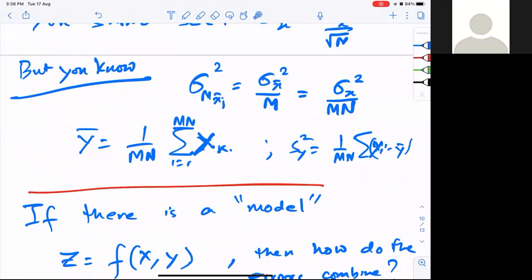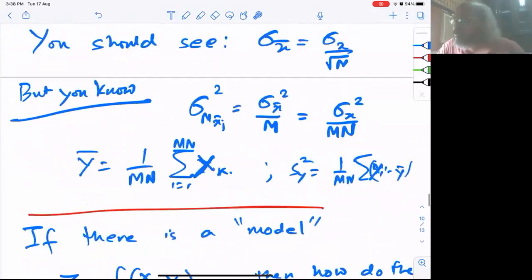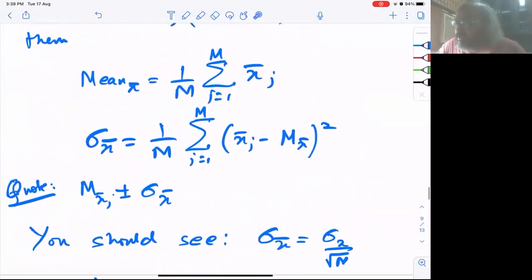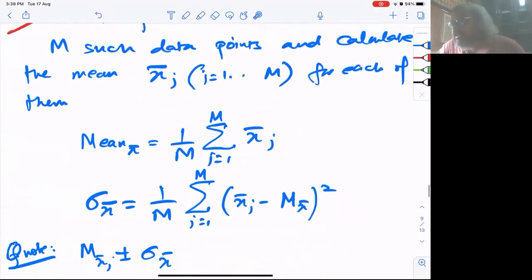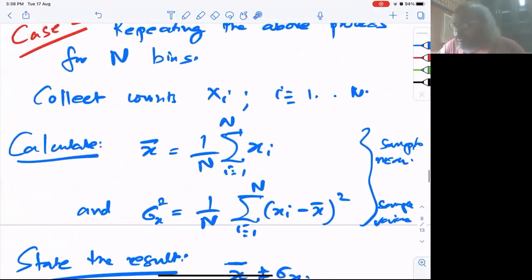Yeah, sir, how do you decide where you stop here? You don't stop. You are not stopping anywhere. If you really ask where you stop, as an experimentalist taking data, it depends on how much m and n you can afford. You may be forced to stop here.